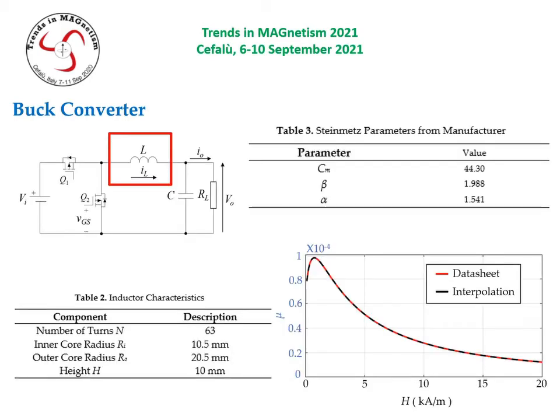We focus the attention on the inductor. Here you can see the main characteristics, so the permeability and the Steinmetz parameters given by the manufacturer, and the characteristics of the inductor, so the number of turns and the geometry of the toroid.